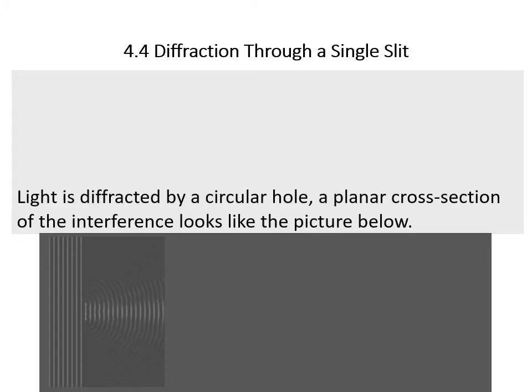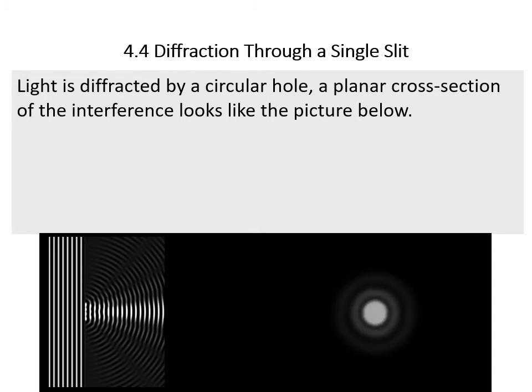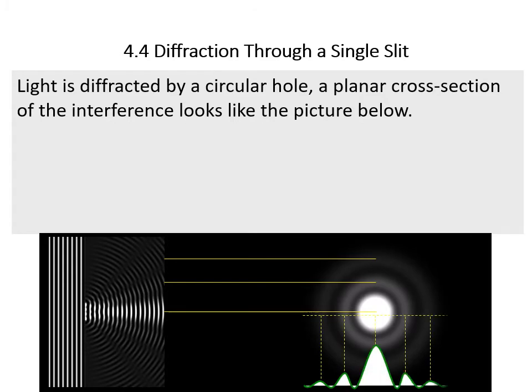When light is diffracted through a circular aperture, a circular opening, an interference pattern results. Places where you have waves overlap look bright. Where they're in phase and they overlap, it looks bright. And places where the waves overlap and they're out of phase, that's destructive interference and it looks dark. And you can see like a ring-like pattern with the light waves.